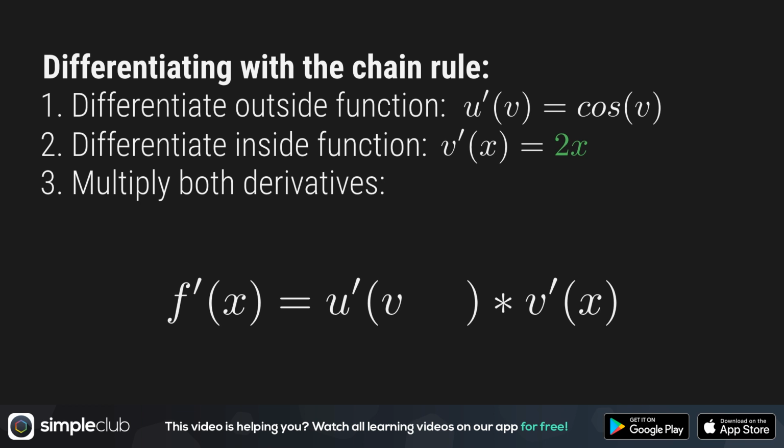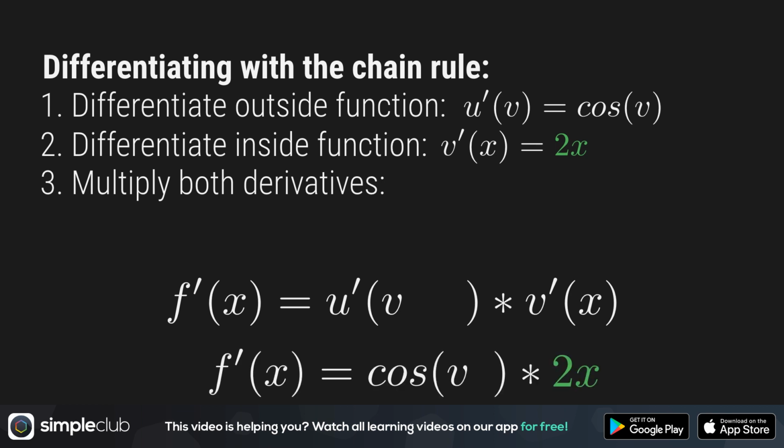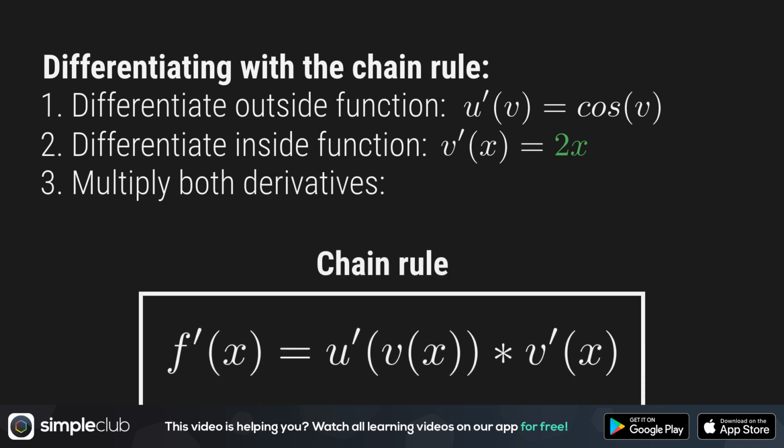F prime of x equals the derivative of u of v times the derivative of v. So the derivative, following the chain rule, is the cosine of v times 2x. And to get rid of v again, we replace it by x squared. And here at the top, we write v of x, as v is dependent on x. And that's our chain rule.